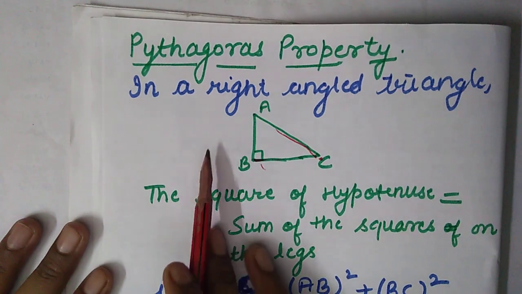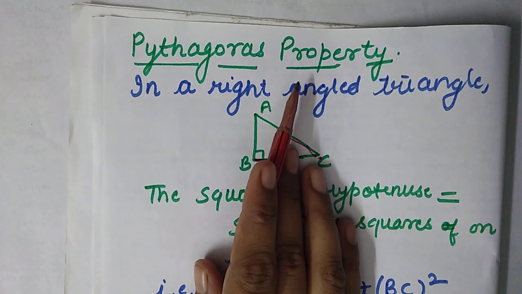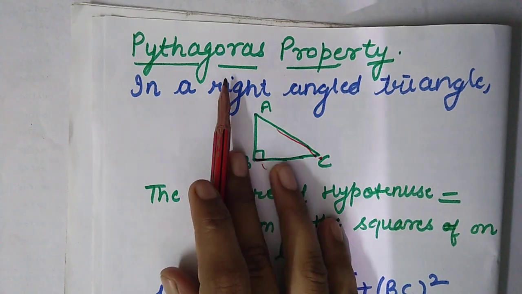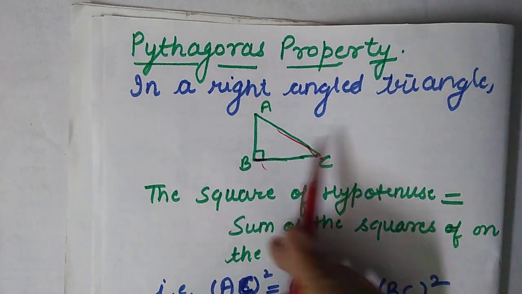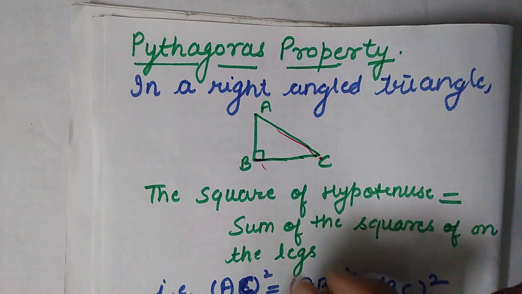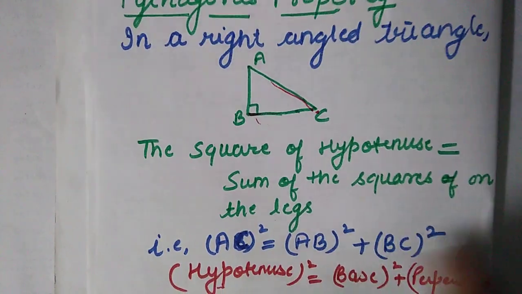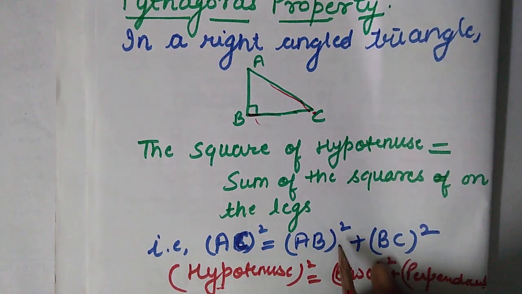After that we have learned about the Pythagoras property, which we can only apply in a right angle triangle. This property states that in a right angled triangle, the square of the hypotenuse is equal to the sum of the squares of its legs.